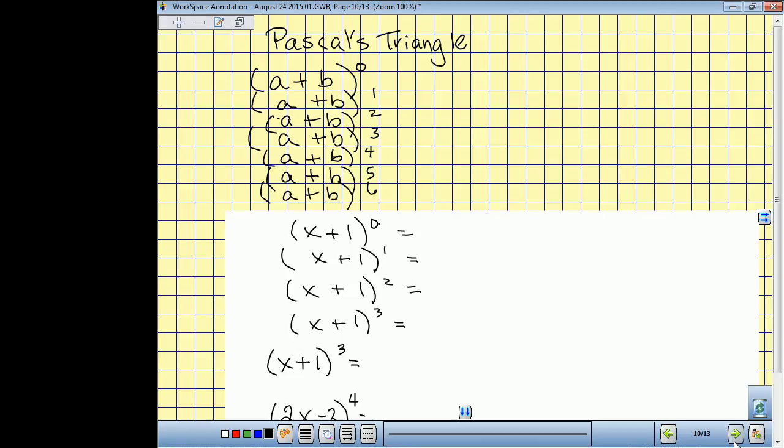Pascal's triangle. Okay. Even those of you that have just been watching, I'd like you to take notes on this. Leave yourself space. This is cool if you like math. Okay?